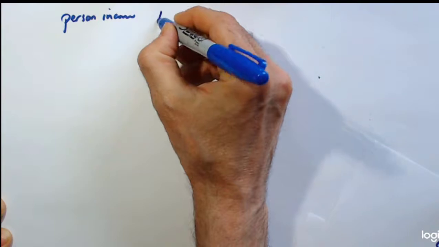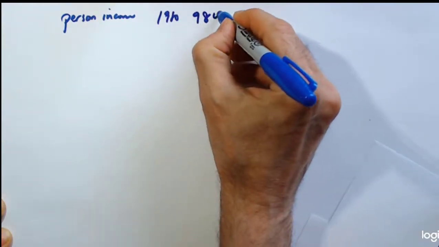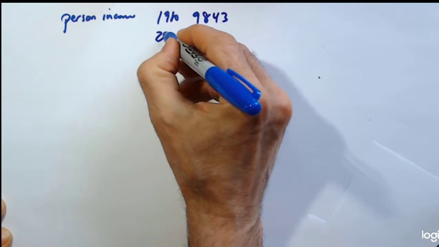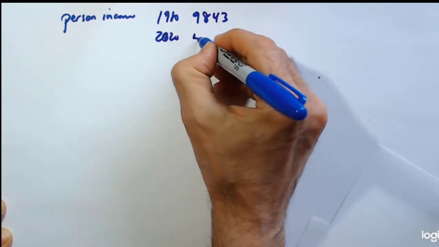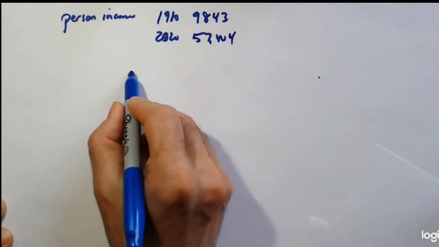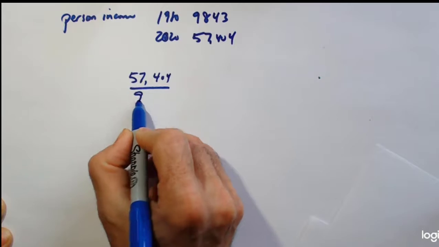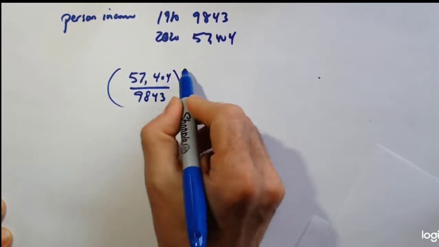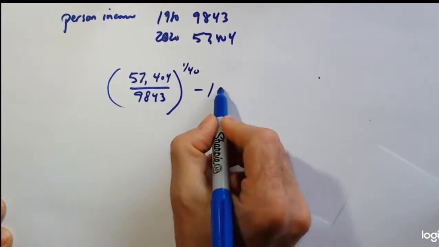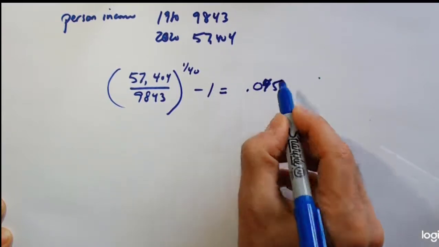Personal income in 1980 was $9,843. In 2020, it was $57,404. And let's see what the growth rate of that is. Over the 40 years, the average growth rate was 4.5%.